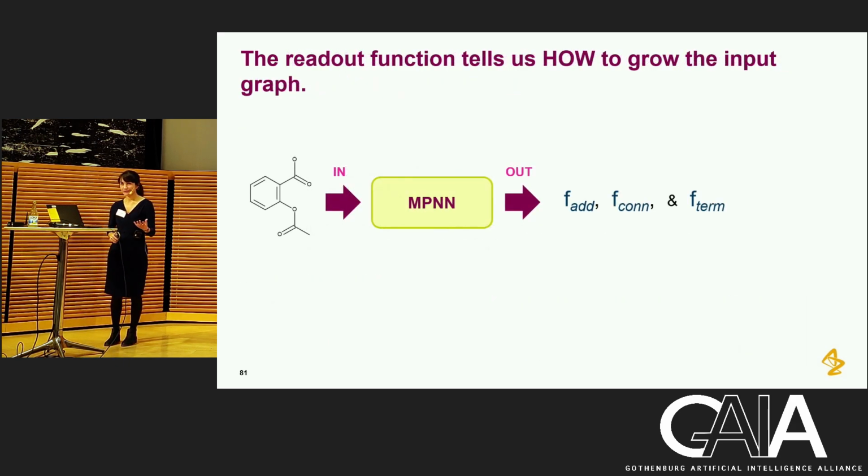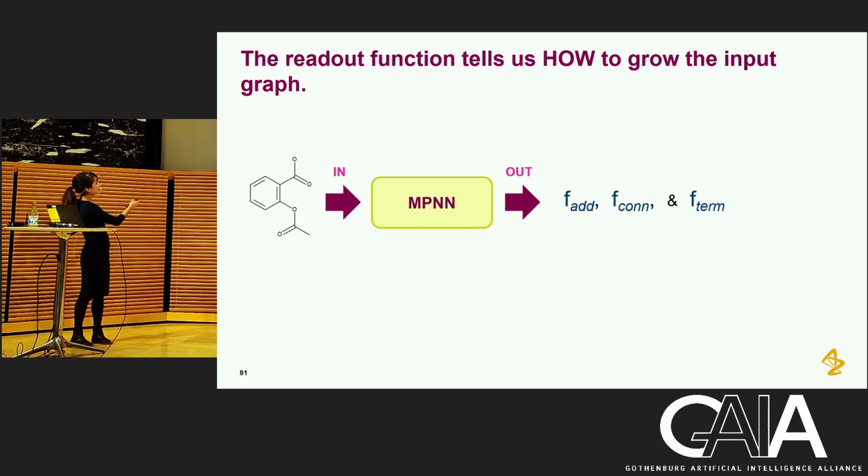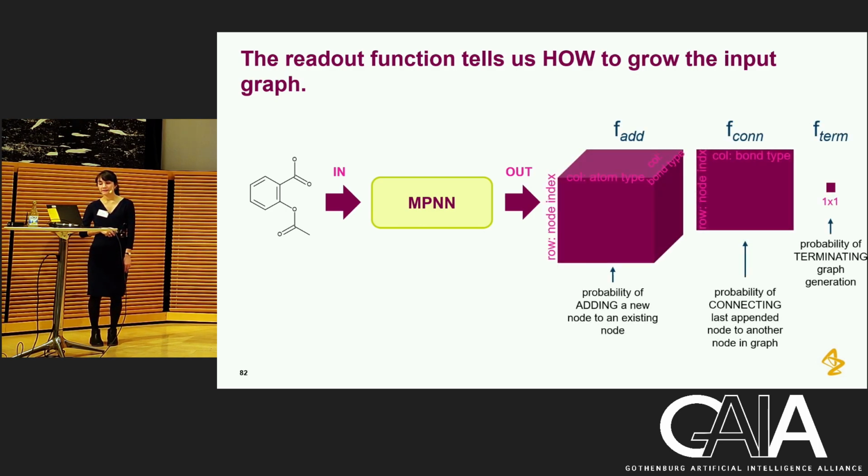And just to give you a clearer picture of what this looks like, let's say we have our MPNN here, and it takes as input a molecular graph. What we want it to output is these f_add, f_conn, and f_term, where f_add is actually a multidimensional tensor that gives us the probability of adding a new node to an existing node in the graph. And the different indices tell us exactly what should be the identity of that node. Then we have the f_conn term, which is a 2D matrix. And this gives us the probability of connecting the last added node to another node in the graph.